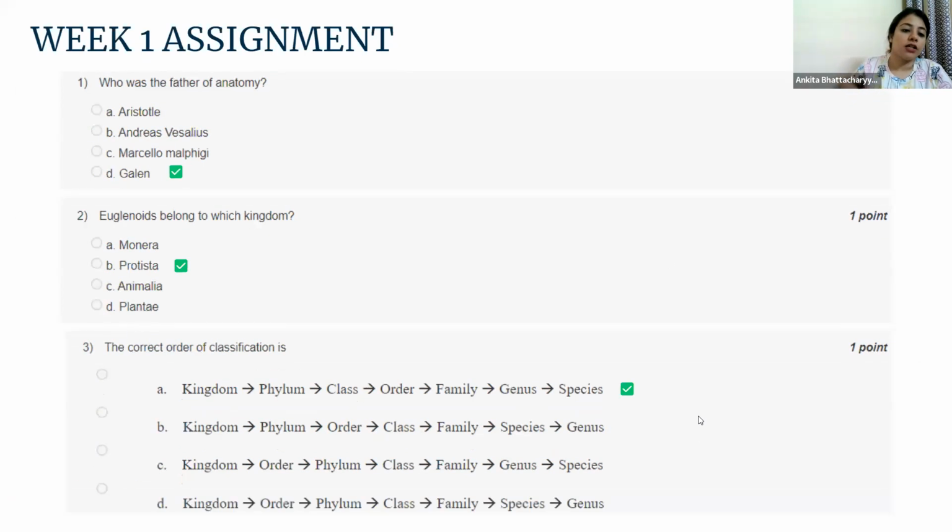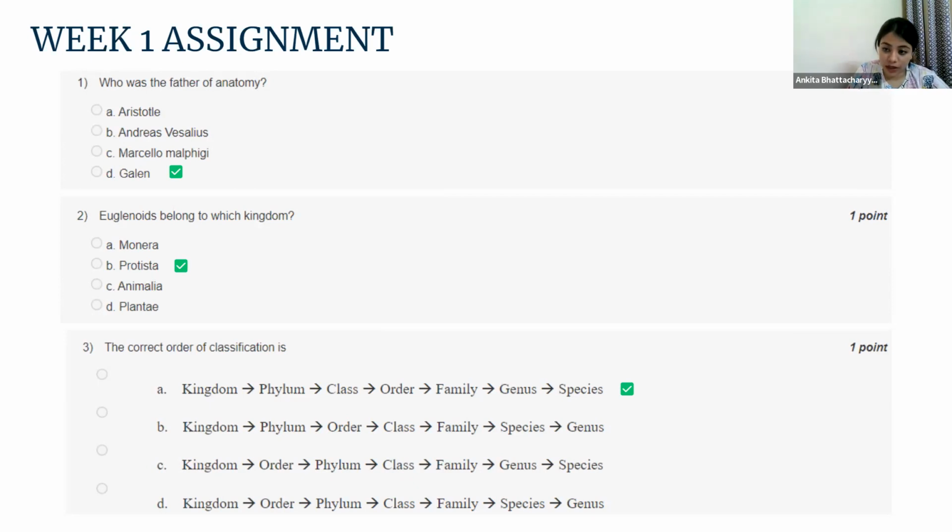So the third question was about the correct order of classification. We had actually indirectly discussed this in last week's live interaction session as well. So this is also a very direct question. Obviously the highest order is the five kingdom classification, the most accepted of the kingdom based classifications, which includes Monera, Protista, Fungi, Plantae, and Animalia.